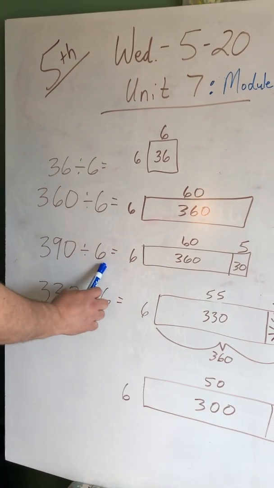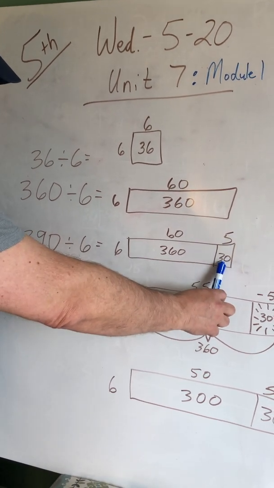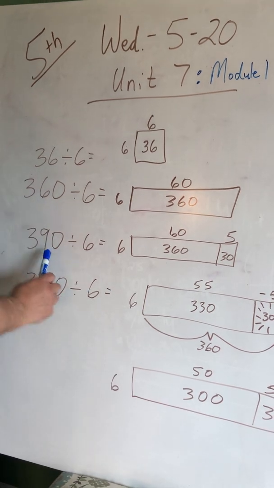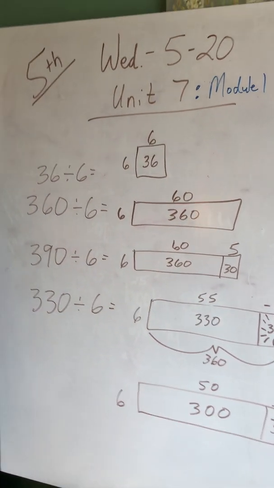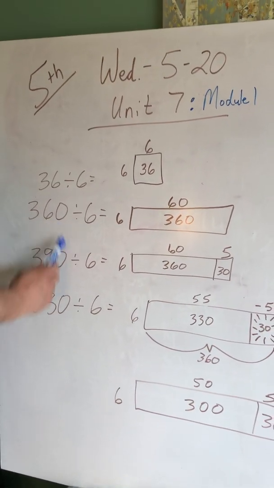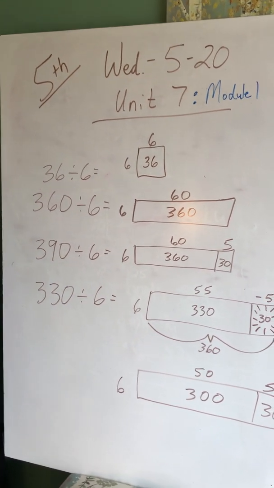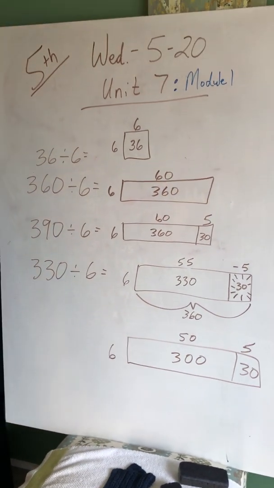So 390 divided by 6, we've got 360 here, and then the extra 30, okay, because we're doing the extra 30 here, and that's 5 more, okay? And then what they did, go back up to the 360, then they dropped it to 330 divided by 6, okay? So they want you to think, all right, 2 different ways here.